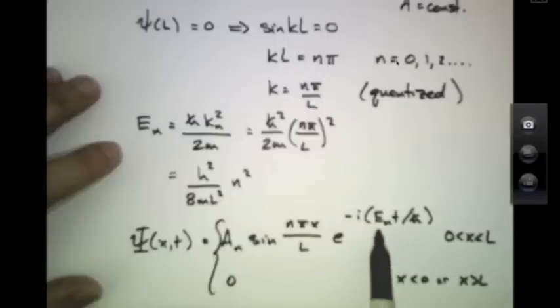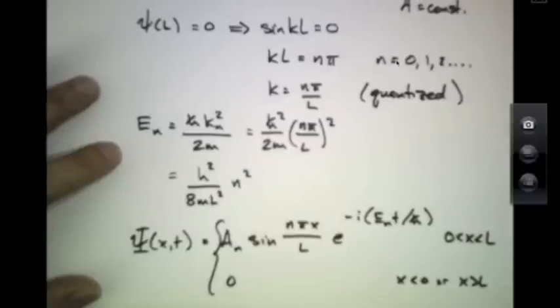Notice I've rewritten omega as the energy divided by h bar. And psi has to be 0 outside of that range. These wave functions look rather familiar.